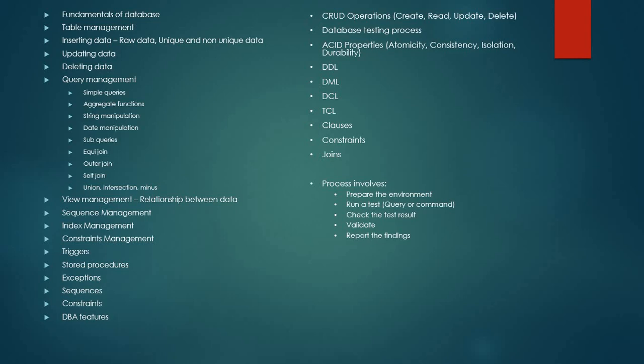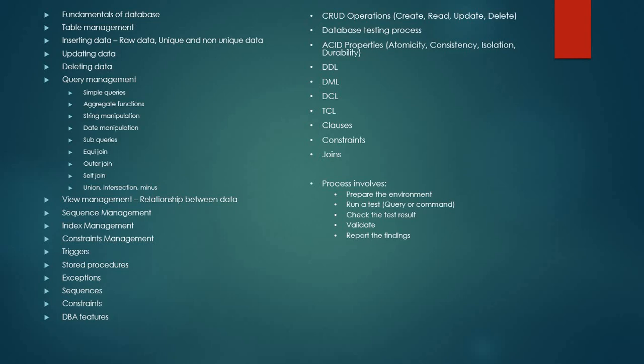So updating the data, deleting the data, and query management. Query management is when you're doing manual or automation testing, you need to understand what a query is. A query starts with a select statement, or it might be a different statement, but whatever operations you're performing on any database, it is important to understand them before doing any manipulation of the data.